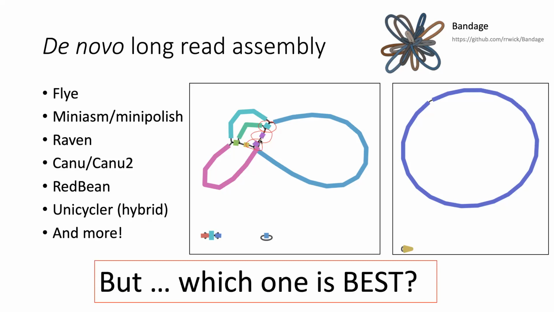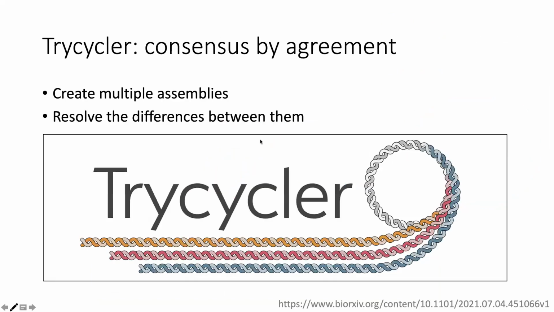And that's when I'd like to introduce Trycycler. Trycycler is the most non-committal portion of nanopore sequencing. Trycycler is not an assembler. What it does is you create multiple assemblies with multiple assemblers, and then Trycycler resolves the differences between them.